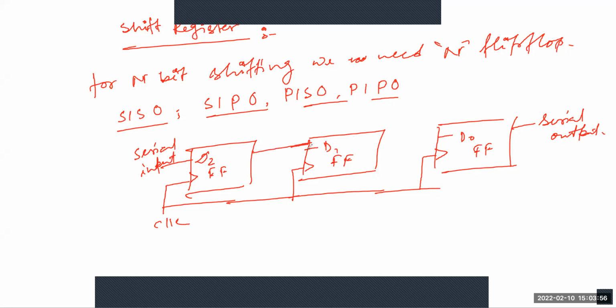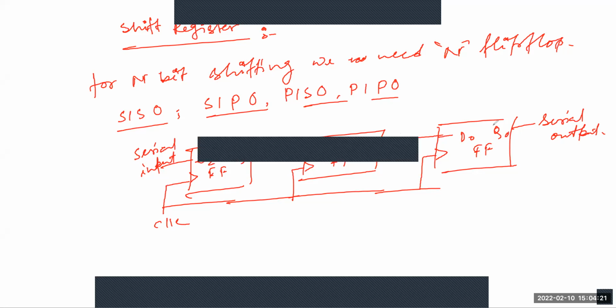This is Q2, this is Q1 and this is Q0. So this shift register is the SISO shift register. A shift register that allows serial input and produces serial output is known as the serial input serial output shift register.